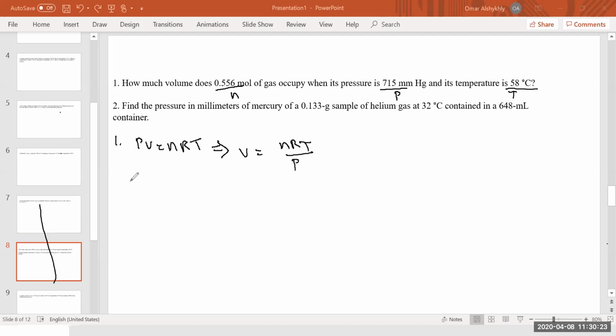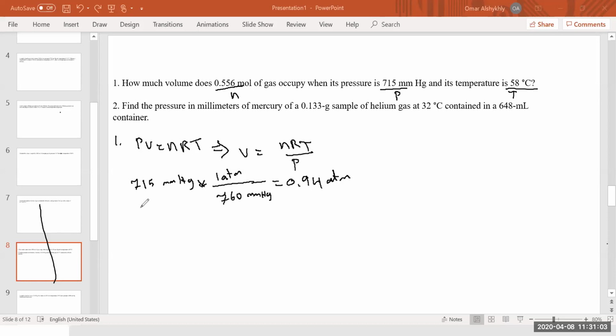So first of all, the pressure, 715 millimeter mercury times the conversion factor, 1 atmosphere on the top, 760 millimeter mercury on the bottom, and 715 divided by 760 gives you 0.94 atmosphere.